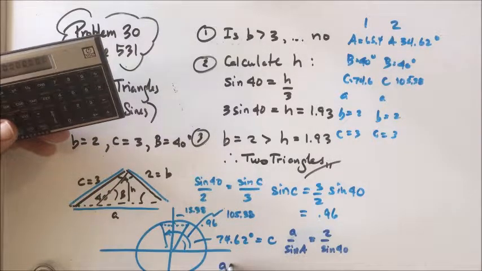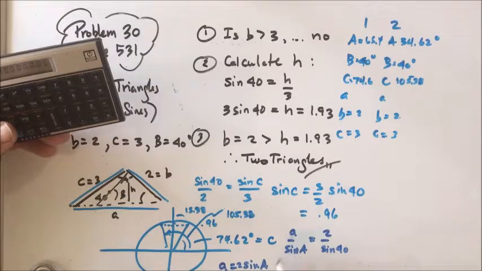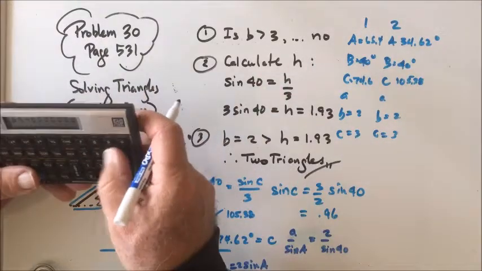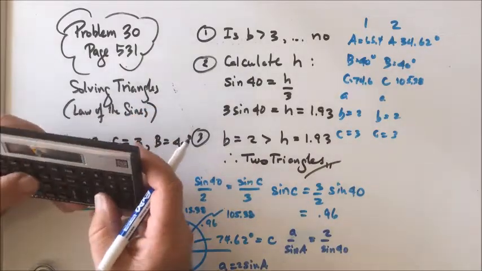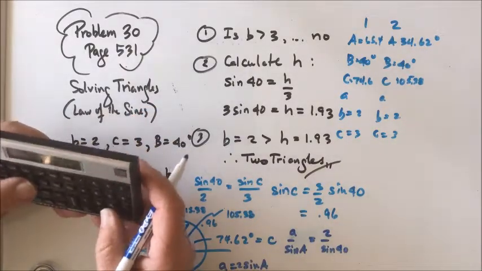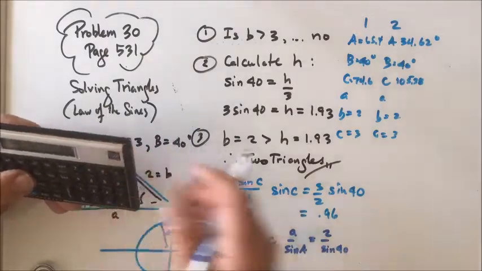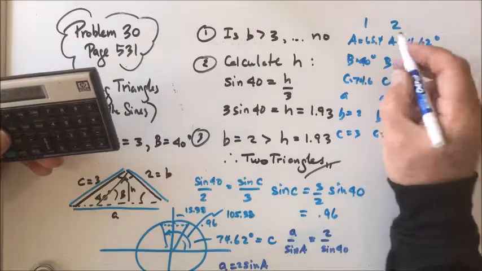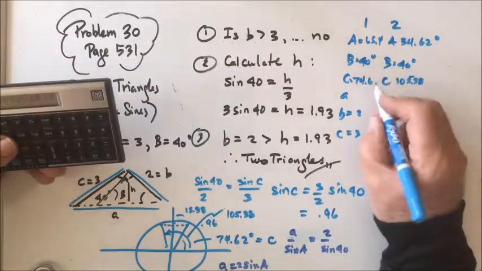Therefore a is equal to the sine of A times 2 over sine of 40. In this case, A is 65.4. I take the sine, multiply by 2, and divide by the sine of 40, and I get 2.83.